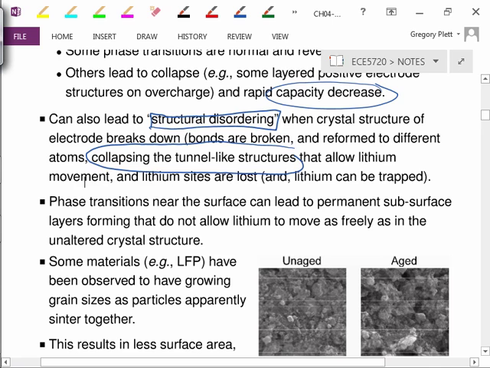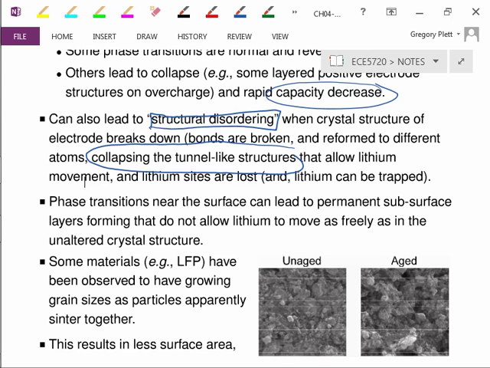The phase distortions that we've talked about, of the stretching and shrinking of the material causing different types of crystal structures, when they happen near the surface, I guess there's more room to expand and contract there. You could think of it that way. That could lead to a permanent change in the structure. And we could have some layers where the outer layer of the particle is different in structure from the inner bulk layer of the particle.